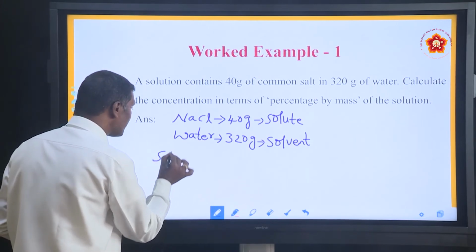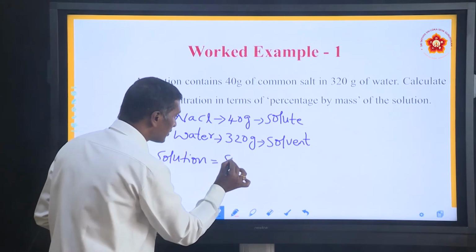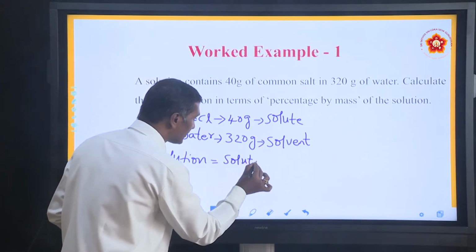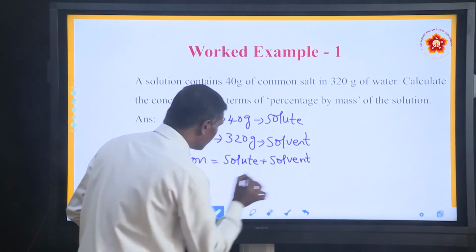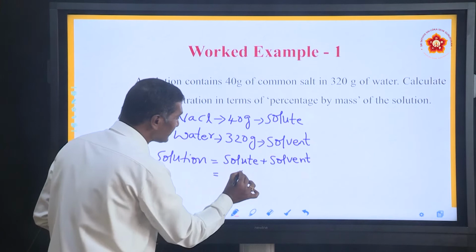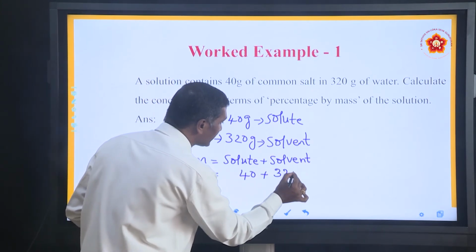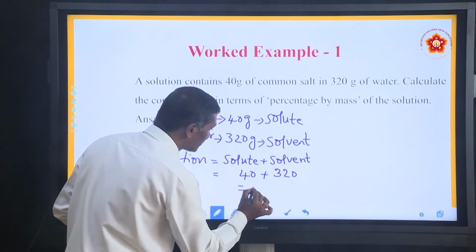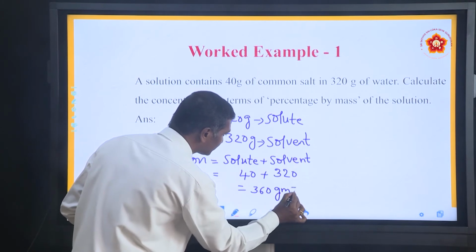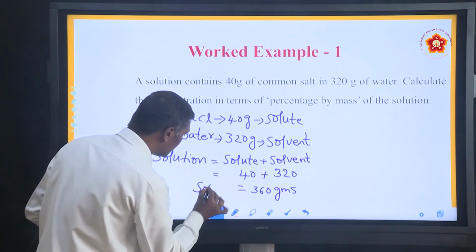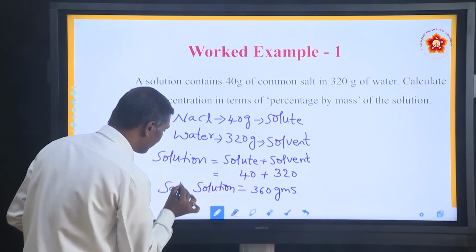So, solution is equal to solute plus solvent, which is equal to solute 40 grams plus solvent 320 grams, which is equal to 360 grams of solution. Which solution is it? Salt solution.